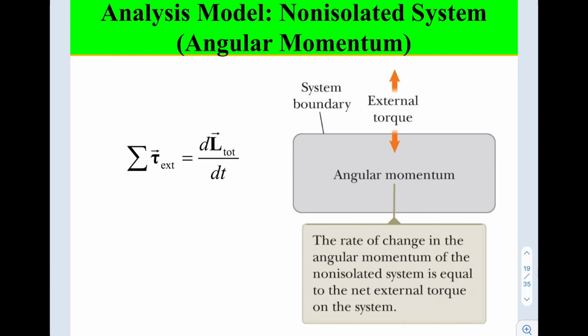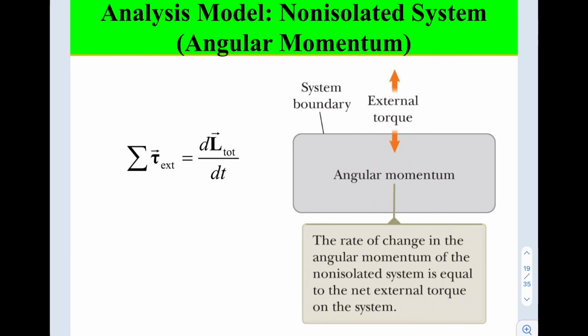To imagine this equation, let's take a look at this model. If we have a system, this is the boundary of the system. Within the system, we have angular momentum, and we have to consider external torque.